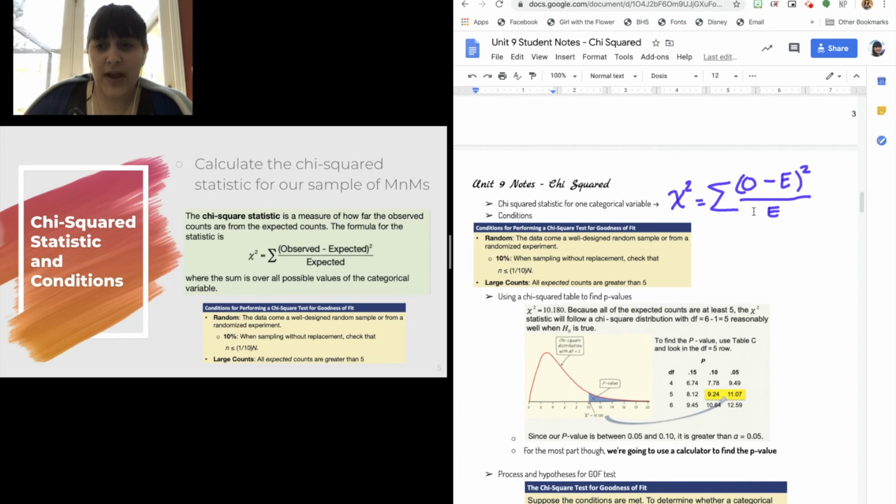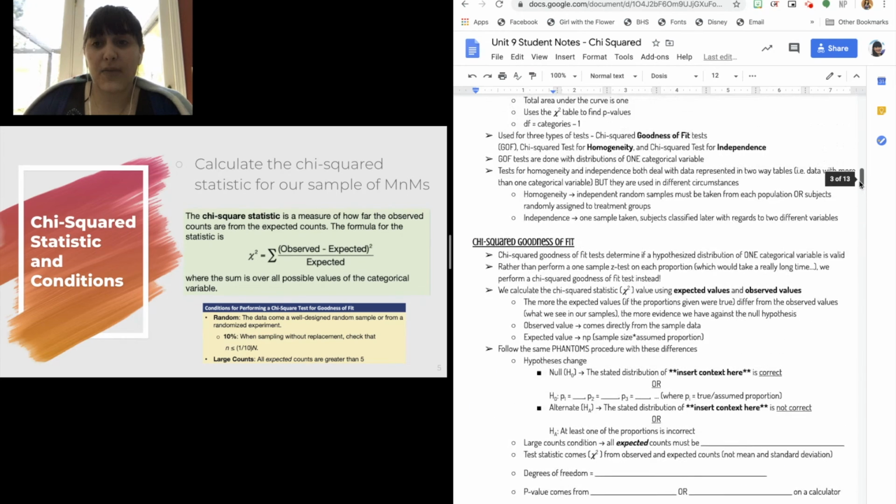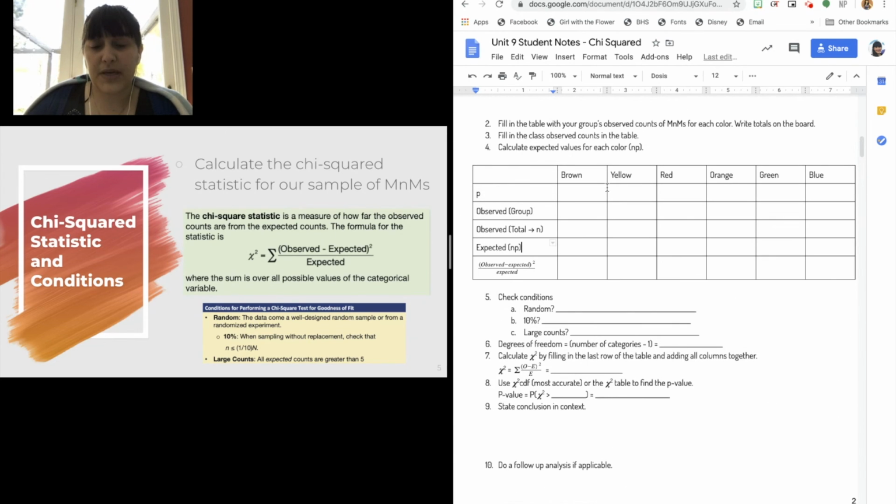With chi-squared, you have to do that for every single category, right? So if we were in class, I would have you actually do this with M&Ms. You would do the observed number minus the expected value, square it, divide it by the expected value again to get the brown M&M component of the chi-squared statistic.